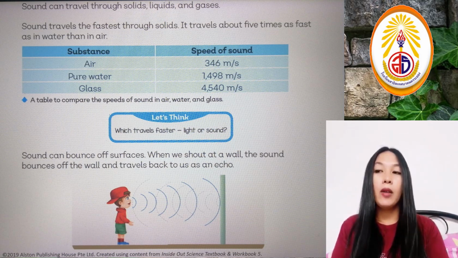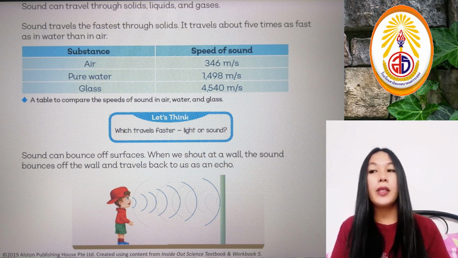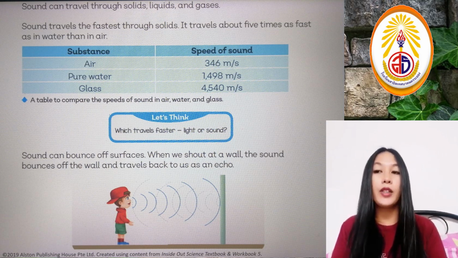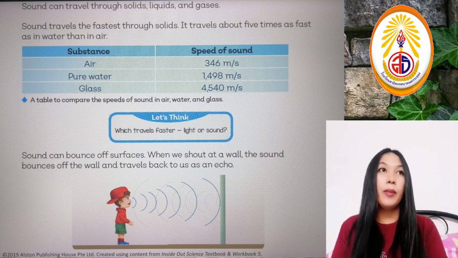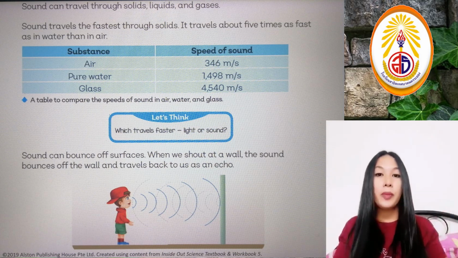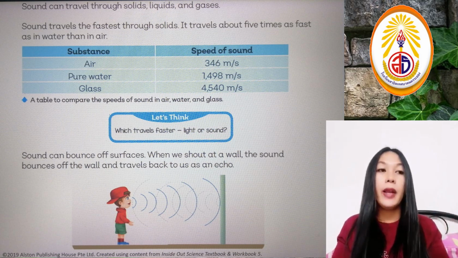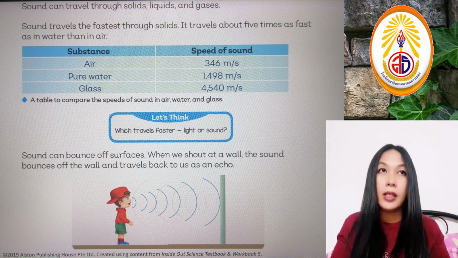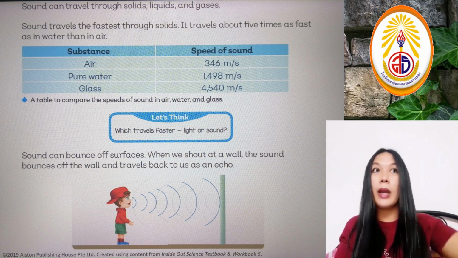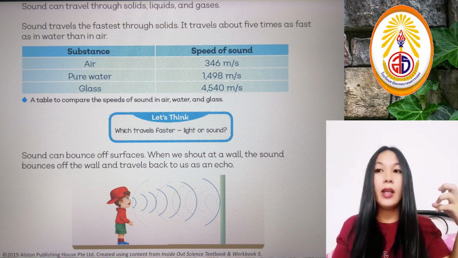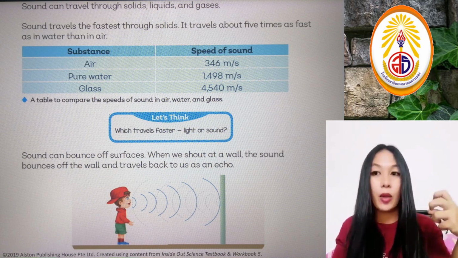So sound can bounce off surfaces. When we shout at a wall, the sound bounces off the wall and travels back to us as an echo. So for example, in big spaces, when we shout or create a sound, sometimes we can hear the sound coming back to us. Okay, it bounces back to us.